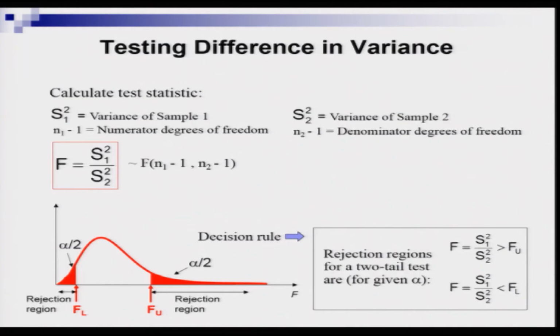This slide will start by calculating the test statistic value. So, we have to define the test statistic first. The test statistic is defined as capital F, and that is the ratio of the sample variance from population 1 and the sample variance of population 2. Remember here that population 1 is the population where the sample variance is higher when you compare the two sample variances.